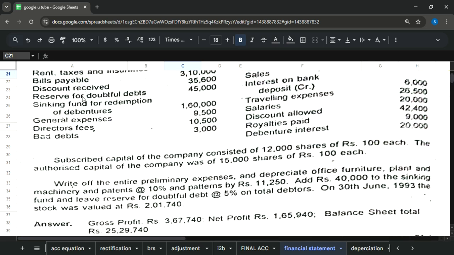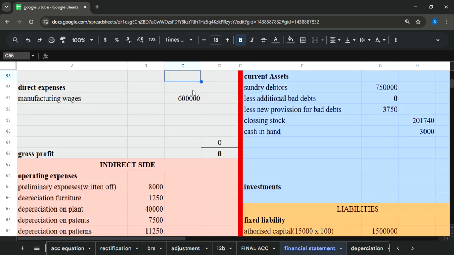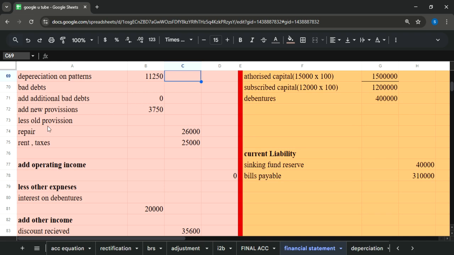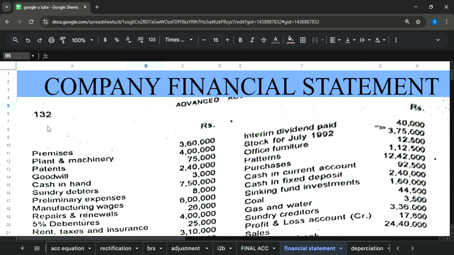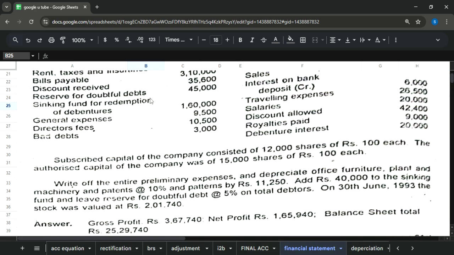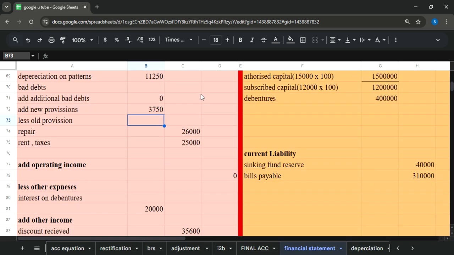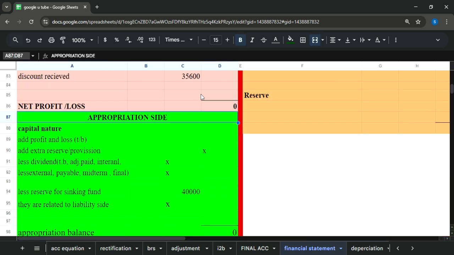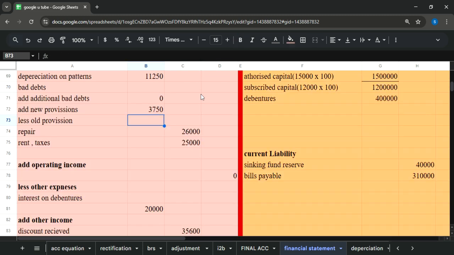Then we have reserve for doubtful debts. Please note it down. This is the old provision and we have already made its place. Look, old provision. Amount of old provision 45,000.